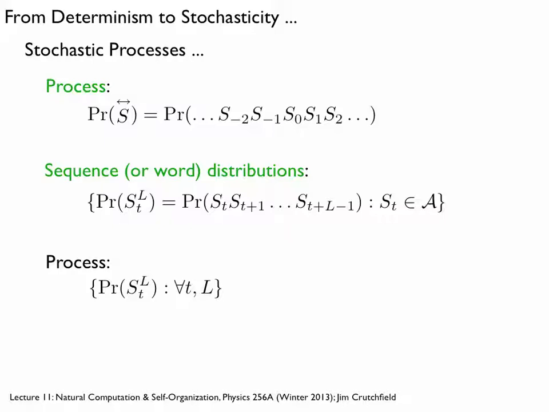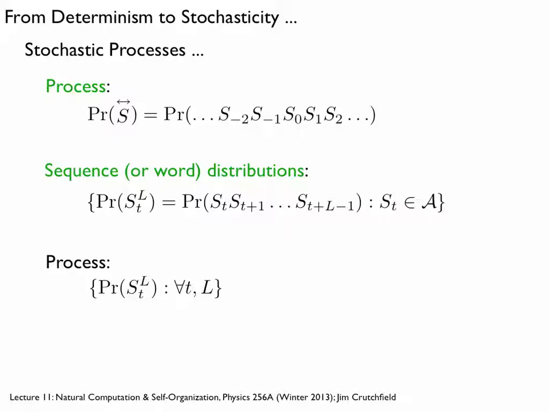With a minimal set of assumptions, we have this bi-infinite chain of random variables, infinite past, infinite future, and for each one of those, we assign a probability to it, which is a perfectly unworkable representation of a process. And a lot of the goal we're pursuing is how we can come up with more compact descriptions of the process. So we'll talk about that today.